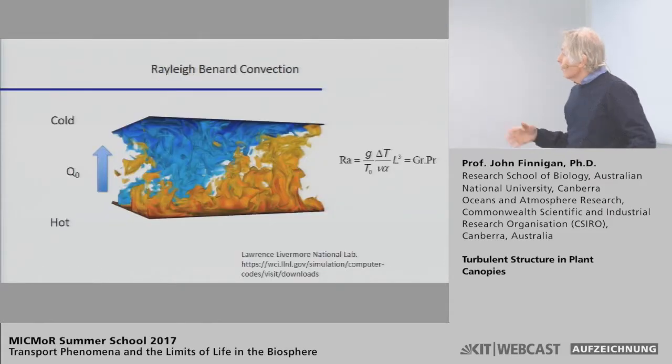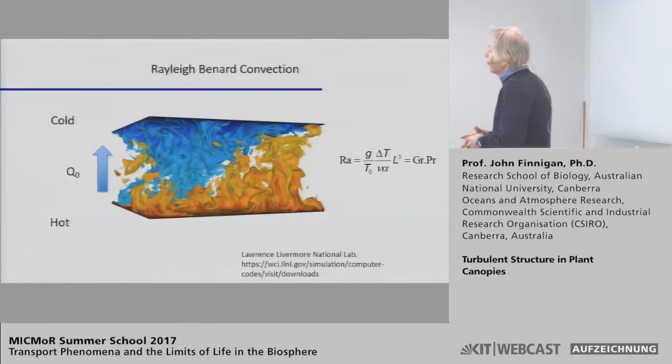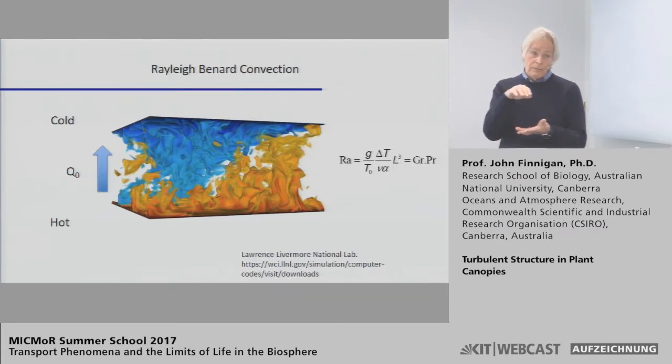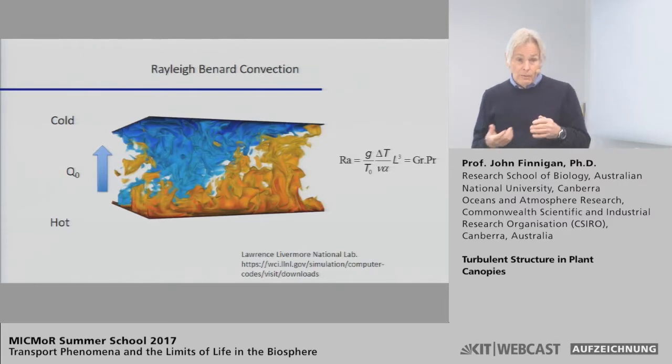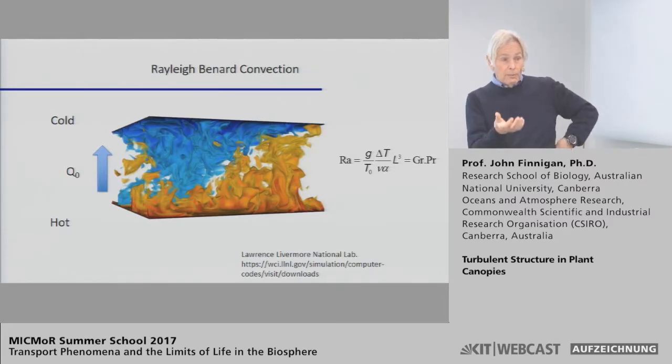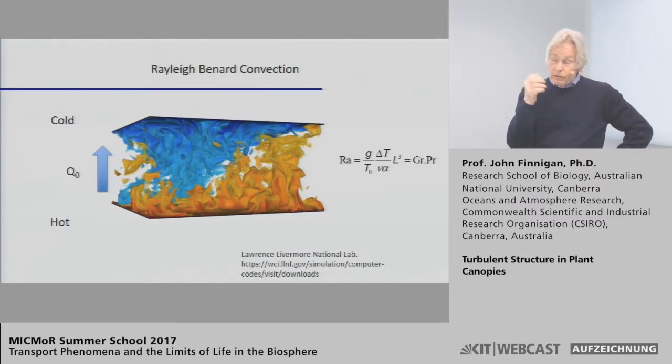So Rayleigh-Benard convection is the classic archetypal free convection model that we think about when we think about a boundary layer heated from below without much wind.